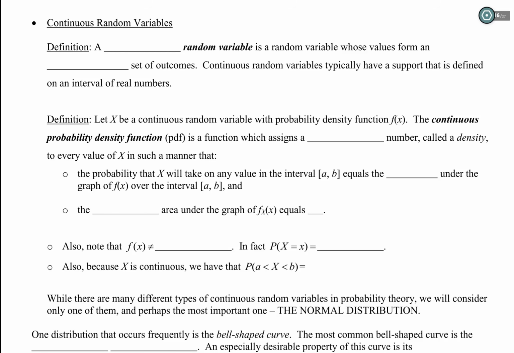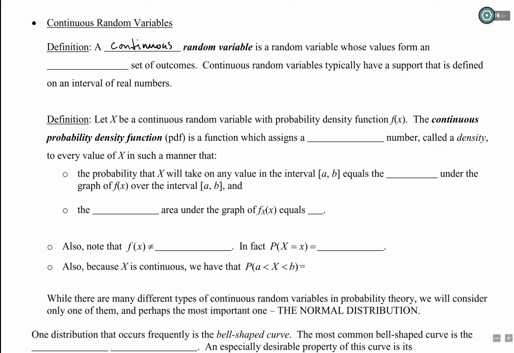Continuous random variables. We're going to briefly look at continuous random variables, really just to motivate the normal distribution. But before we do that, let me redefine a continuous random variable for us.